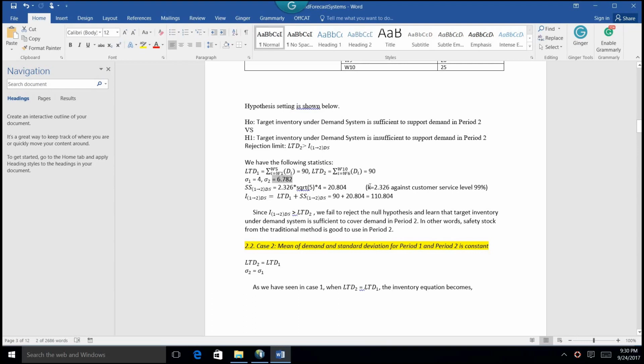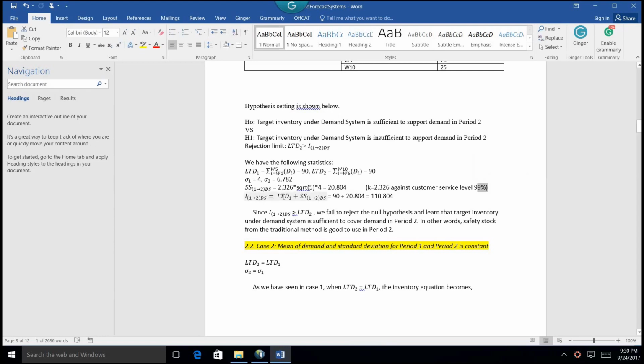You are using k as, when you check the normal table, you get k of 2.326 against the service level of 99%. Here in this example I'm using a customer service level of 99%. It's not a hard and fast rule. It totally depends on your data and how much you want to set your customer service level, like I told you in the beginning of this video.